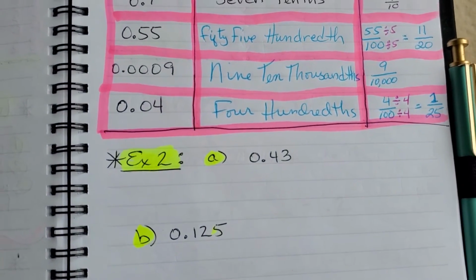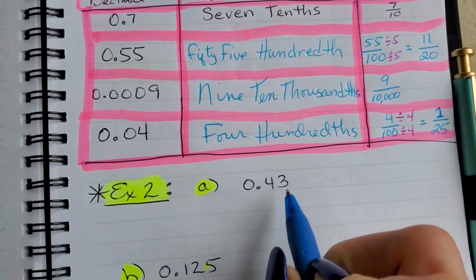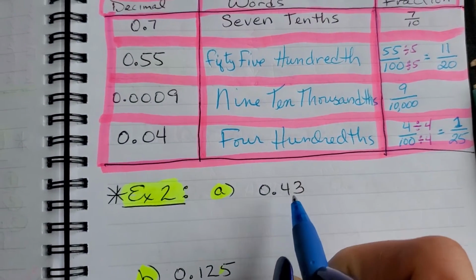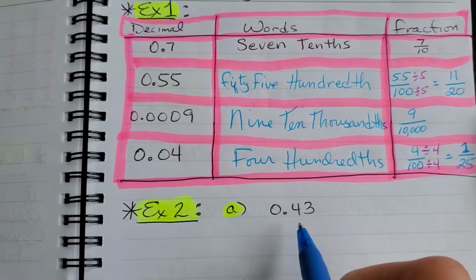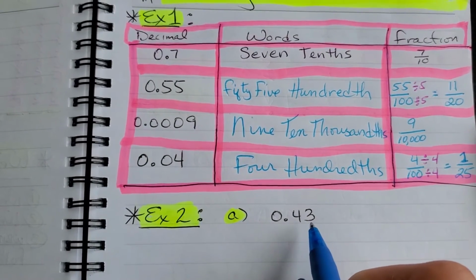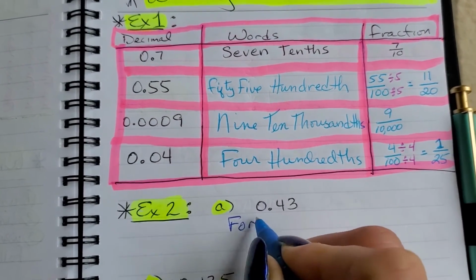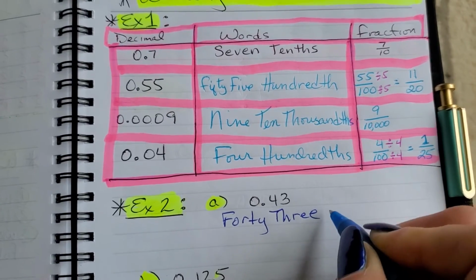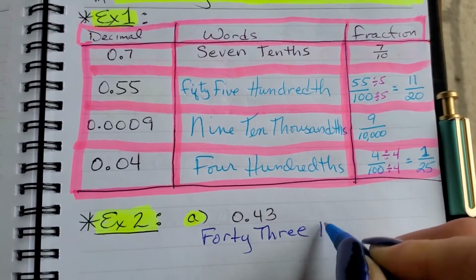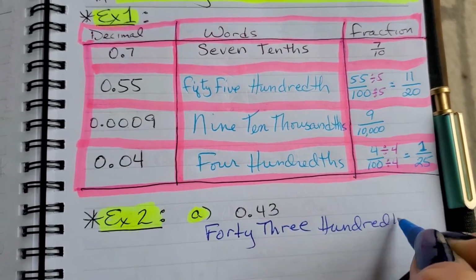So this is read as 43, and then where does it end? Tenths, hundredths. So this is read and written as 43 hundredths, okay? Remember, it's not hundred, it's hundredths.